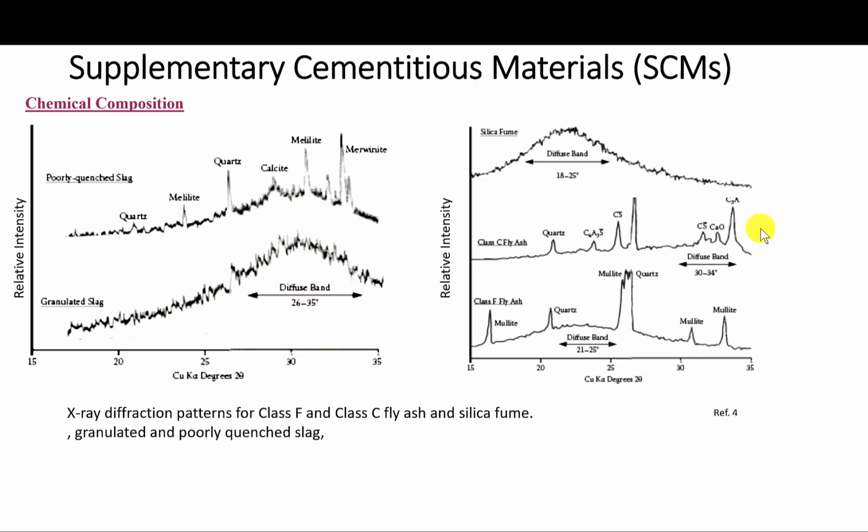So these fly ashes, like the class C, as I said, will show some cementitious tendency and will become hard on the addition of water. Whereas other pozzolans do not react with water alone, such as the silica fume or the class F.